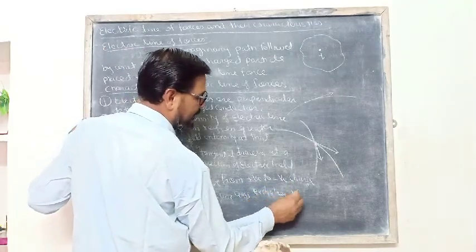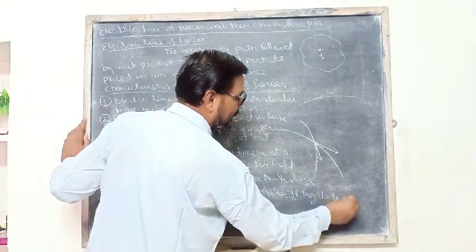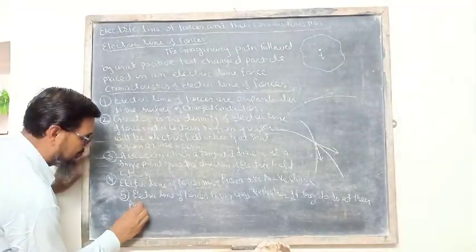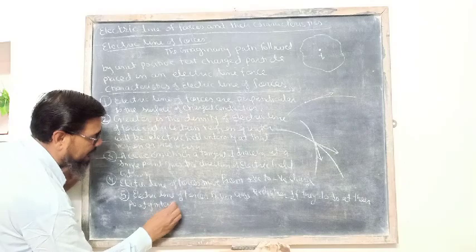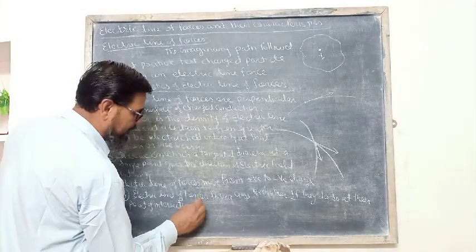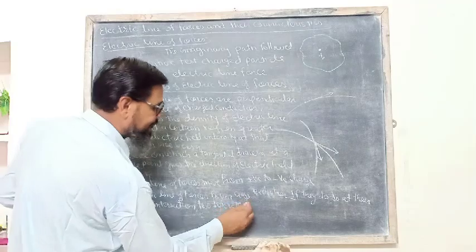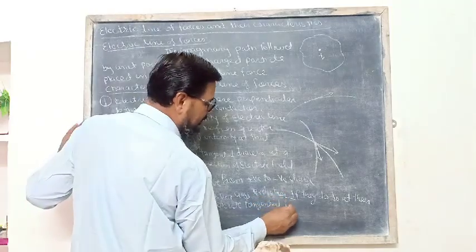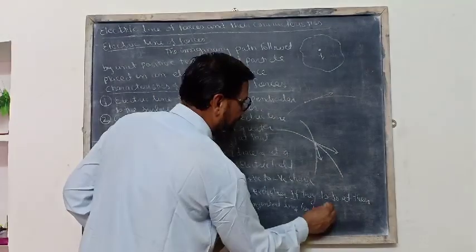If they do so, at their point of intersection two separate tangential lines can be drawn.